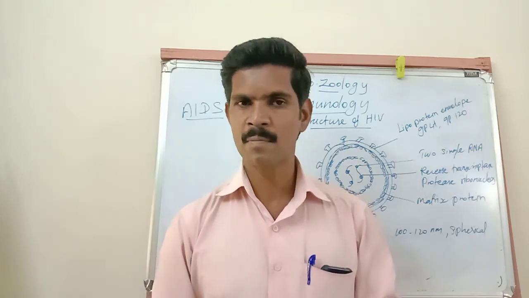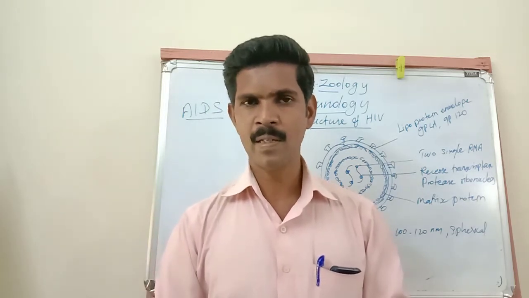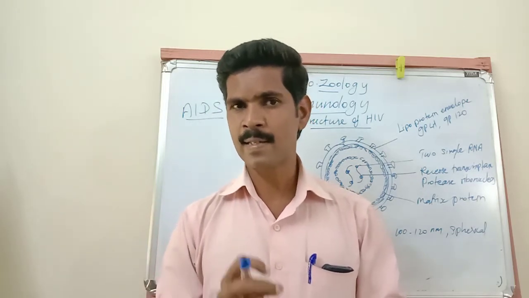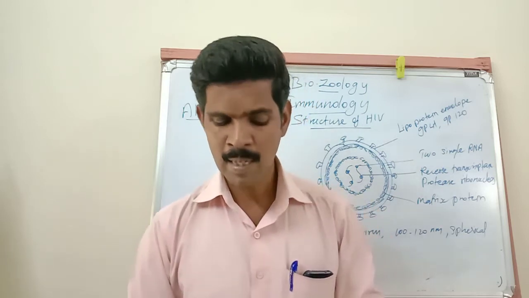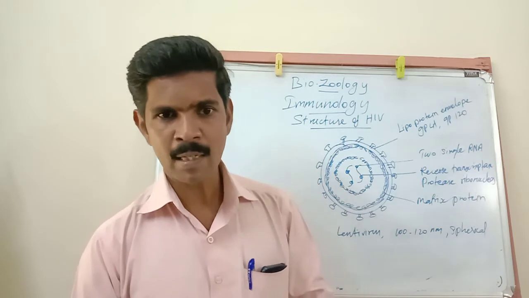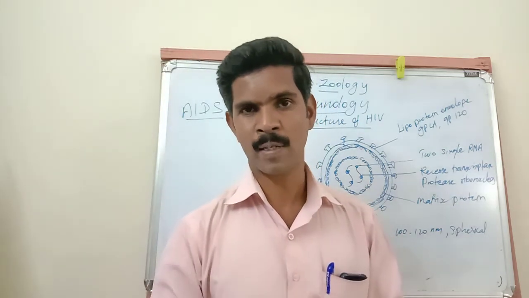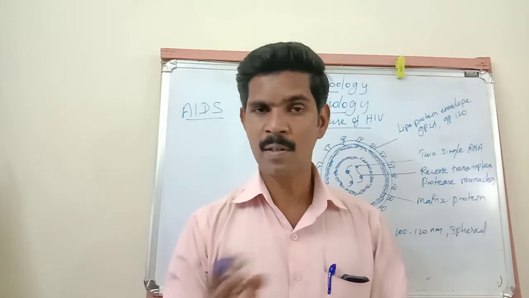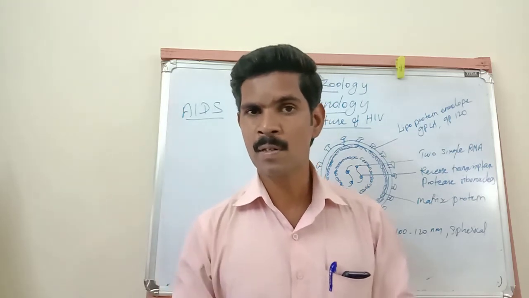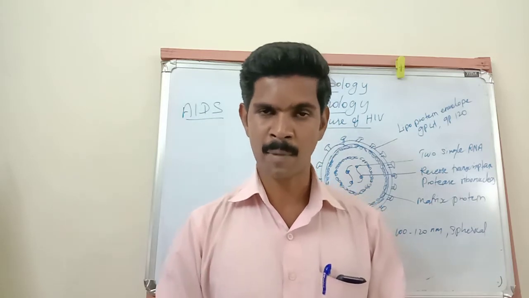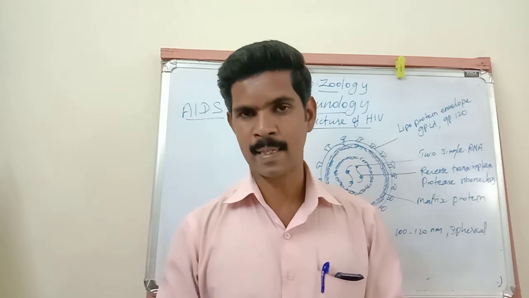T helper cells are one of the very important cells of our immune system. The T helper cells do not produce antibodies themselves, but they play a very important role in the formation of antibodies, because the T helper cells stimulate the B cells.